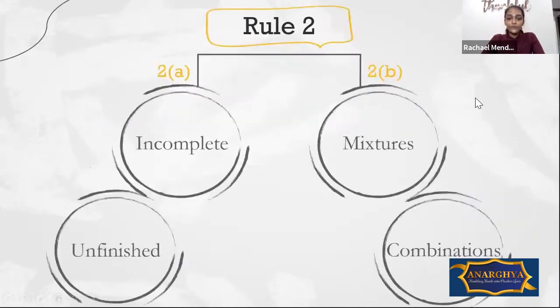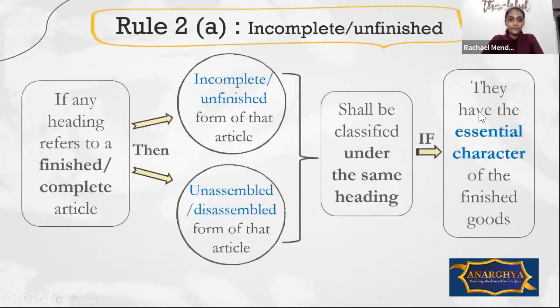Moving on to rule 2. Rule 2 is classified into 2 parts. Rule 2A is concerned with incomplete and unfinished articles, and Rule 2B with mixtures and combinations. Rule 2A, in simple words, applies in the case of incomplete or unfinished articles, for example, a railway coach in which seats have not been installed yet.